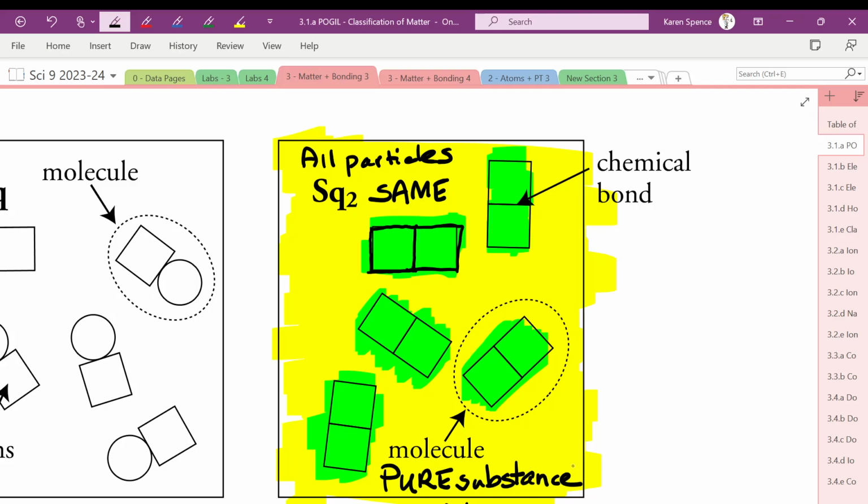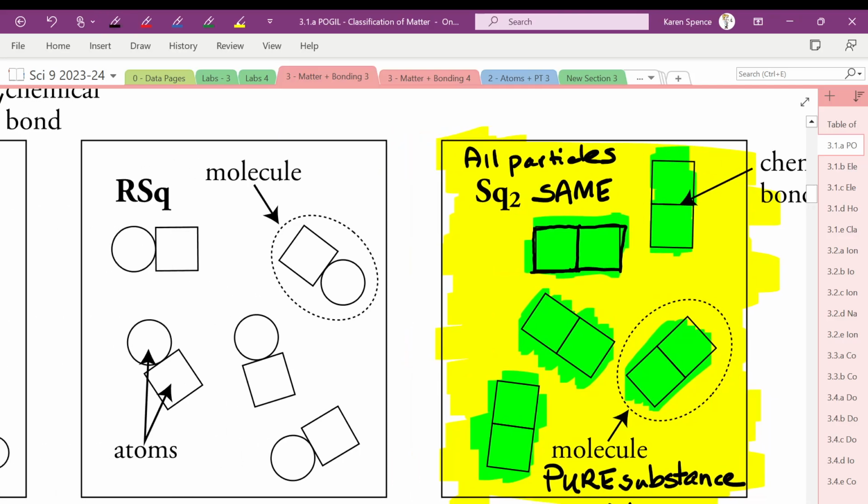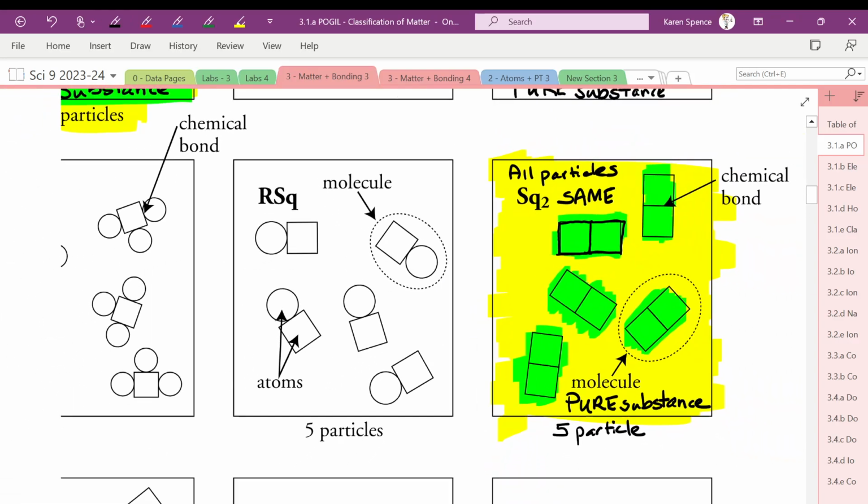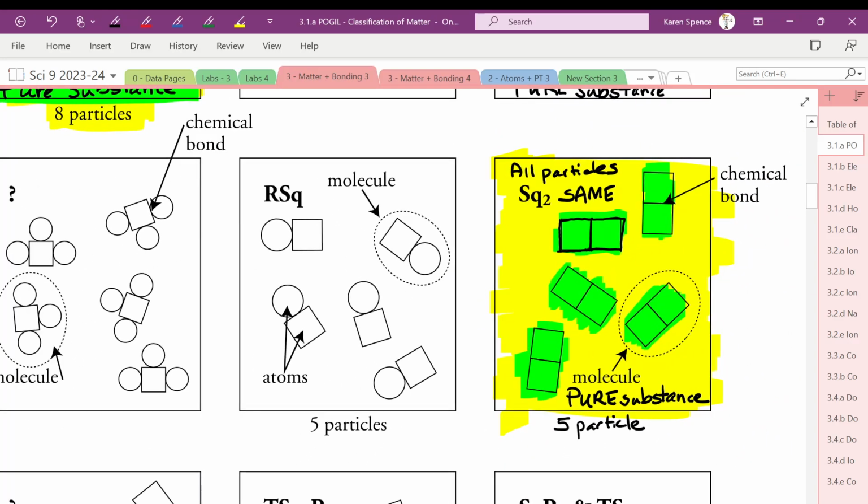Are there any other pure substances in row 2, where all the particles are the same? Milan? I'm pretty sure all of them are pure substances. You're pretty sure all of them are pure substances?